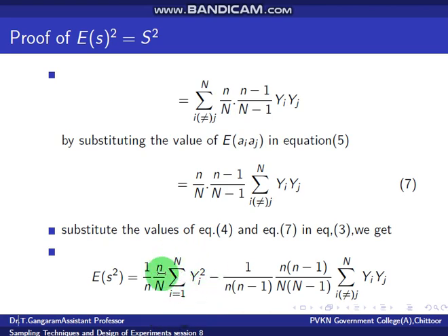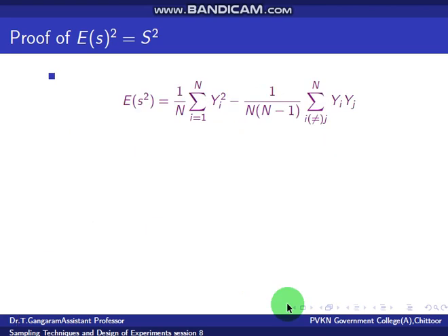This becomes expectation of small yi, equal to small n by capital N into i is equal to 1 to capital N yi square. Similarly, this term, summation i not equal to j small n small yi yj, becomes this value. Okay. Here small n gets cancelled. N into n minus 1, n into n minus 1 get cancelled.